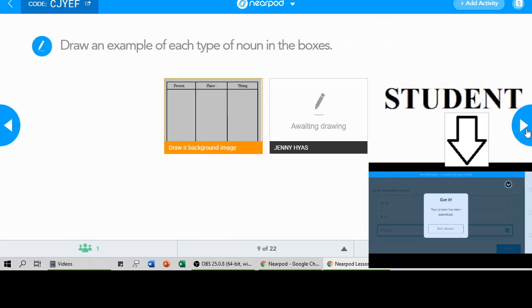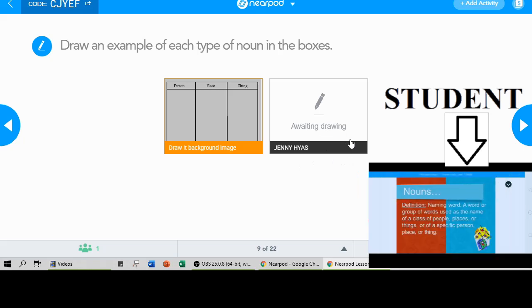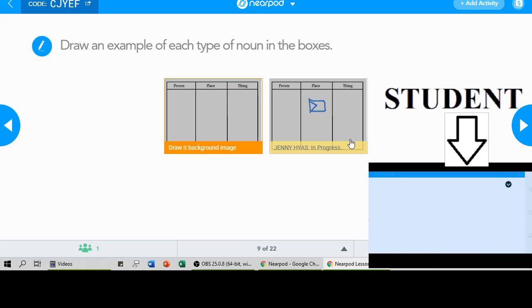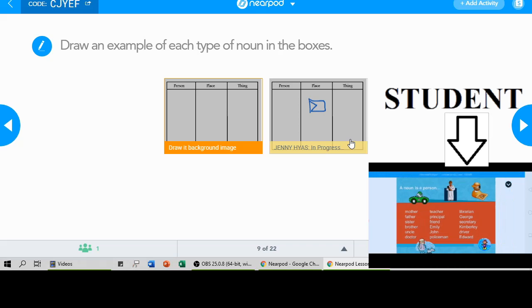Now draw an example of each type of noun in the box. We can see here that Jennyhiyas, my student, is writing her answer. As we can see, Jennyhiyas is in progress, meaning she is already answering the question.